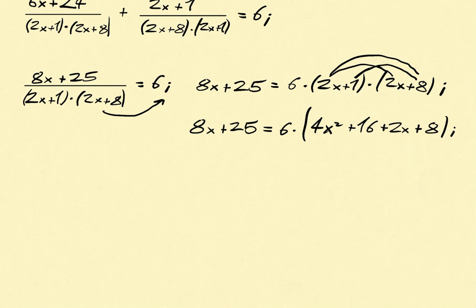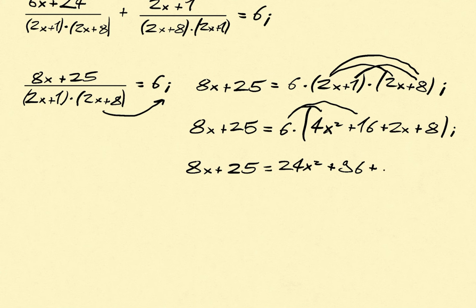Okay, so we'll get 8x plus 25 equals 24x squared. I'm just multiplying this by every single number inside the brackets, because it's in front of the brackets and it's multiplying it. So it's going to be 6 times 4x squared, which is 24x squared, 6 times 16x, which is 96x, 6 times 2x, which is going to be 12x, and 6 times 8, which is going to be 48.